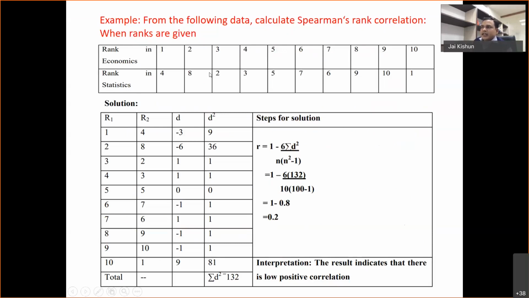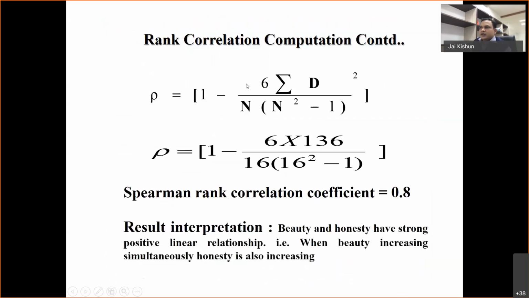Since the ranks are already given, we simply estimate the difference of the ranks, then calculate the square of this rank difference, and put it in the formula. You get the value of R, which is your Spearman rank correlation coefficient.